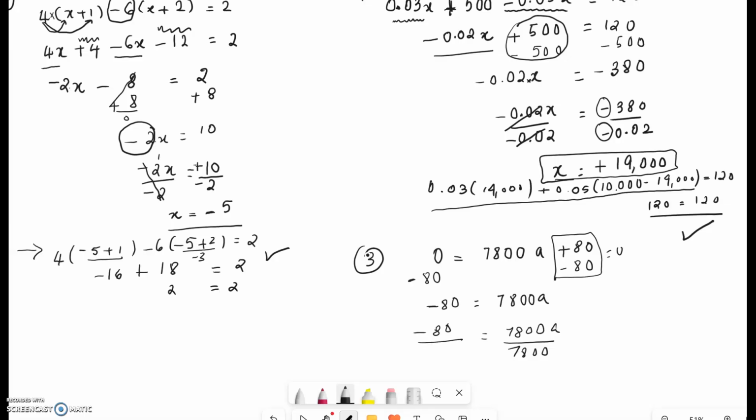Negative 80 over 7800. So you get A equals, and let's simplify this fraction. You can use your calculators. Remember to simplify fractions as well.